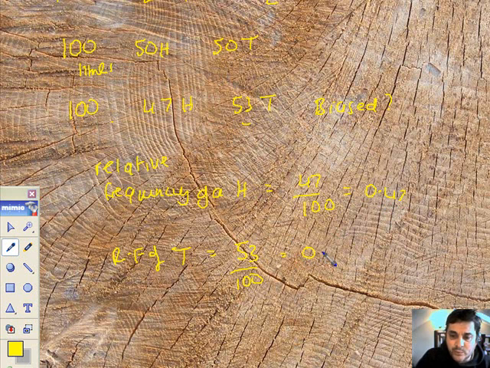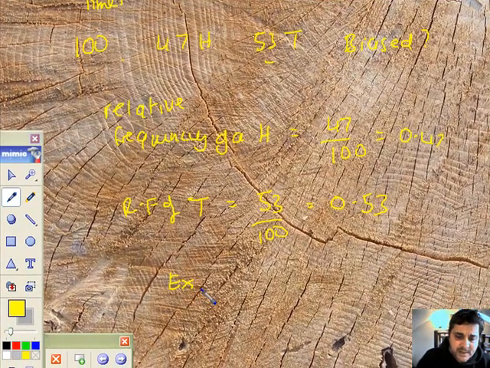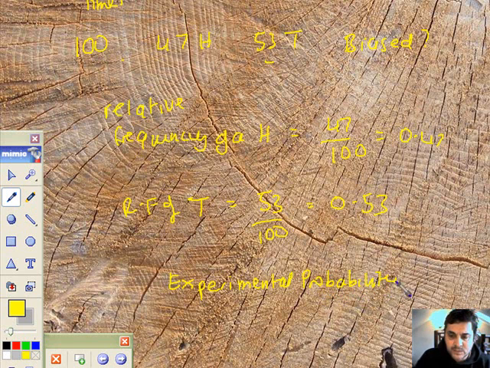And that one is 0.53 in the same way. That's it. So you've got some idea of what relative frequency is. If you think of it as an experimental probability, you won't go far wrong. So experimental probability is a relative frequency, alright?